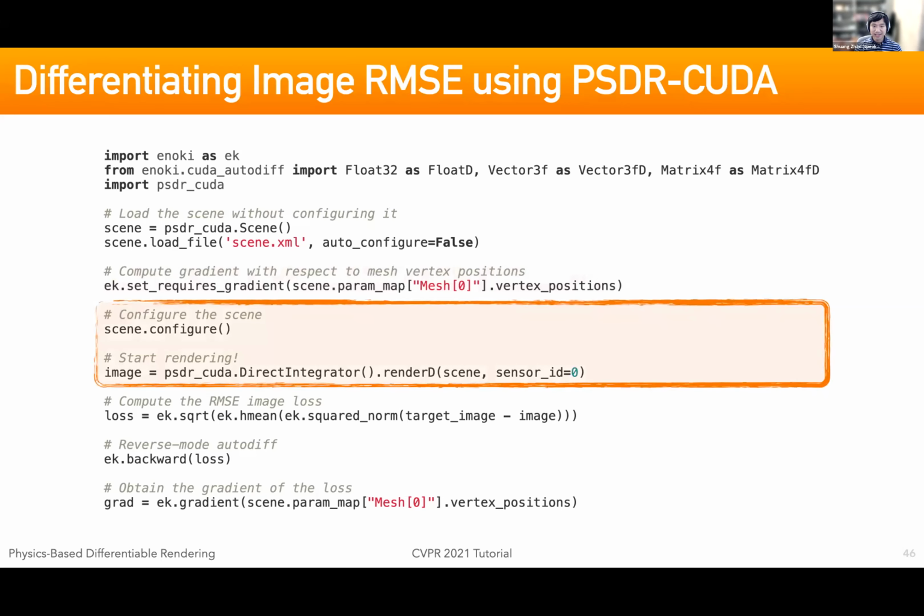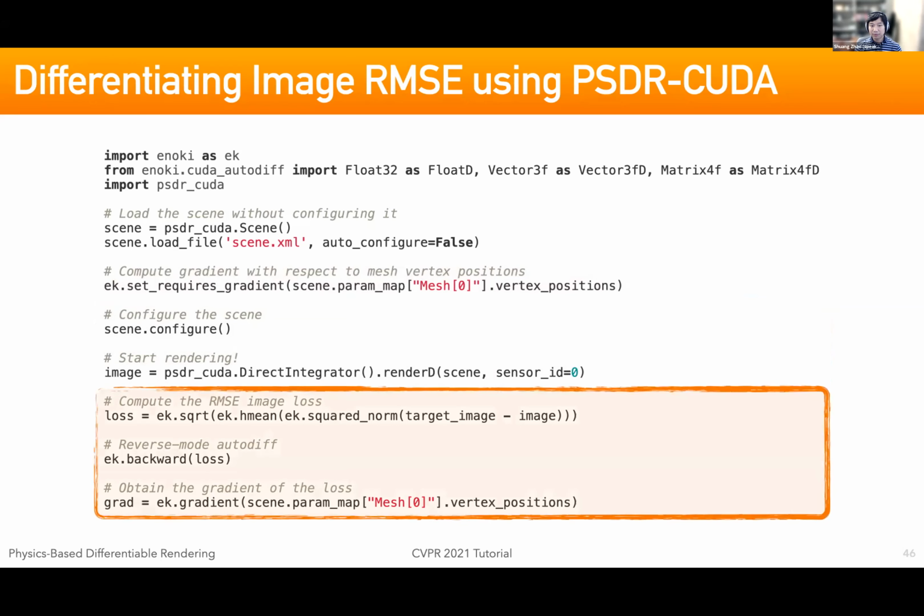Then the renderer does some pre-processing, and then you can call the render function that generates the image. Let's say we want to just minimize the L2 image loss. Then you can compute the loss in a standard way. The target image is an input, and we subtract the rendered image from the target and then compute the RMSE, the L2 difference between the two. Since the whole process is differentiable, you can just backpropagate the loss.